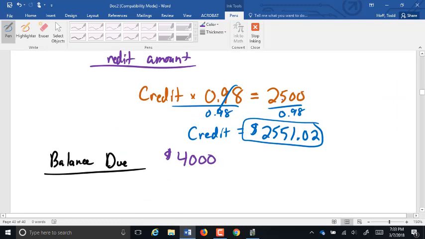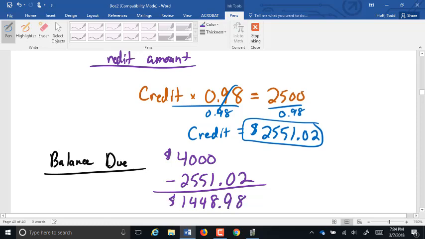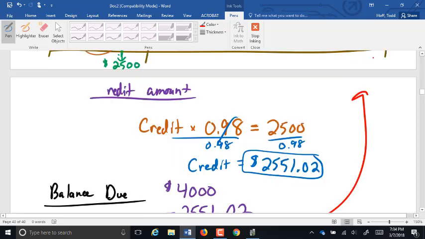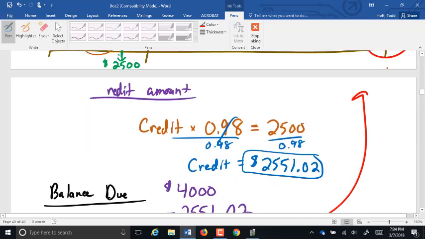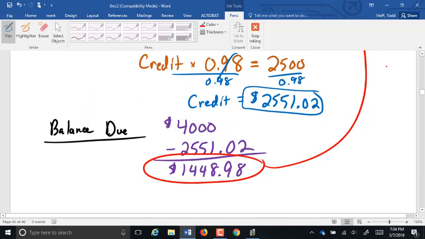We subtract that credit, $2,551.02, to get $1,448.98 is the balance that is still due, that must be paid by that June 28th deadline for the end of the credit period. Any questions on that?